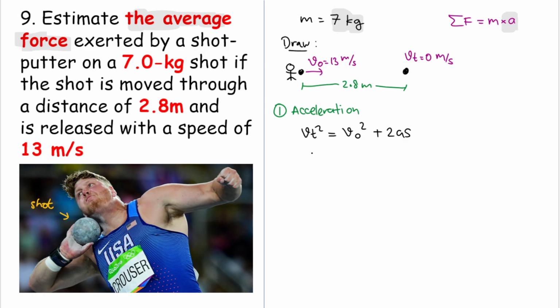Vt is 0, so we have 0 squared, then 13 squared, plus 2 times a, which is unknown, times the distance 2.8. 13 squared is 169, and 2 multiplied by 2.8 is 5.6a. So 5.6a is equal to minus 169. Now we can isolate a.